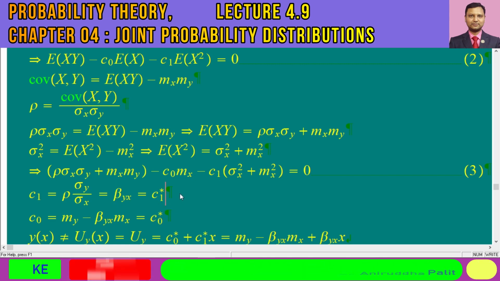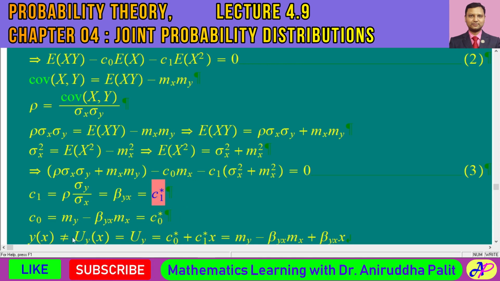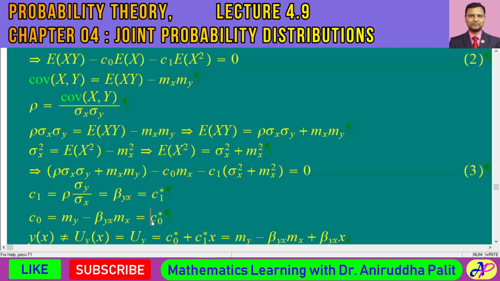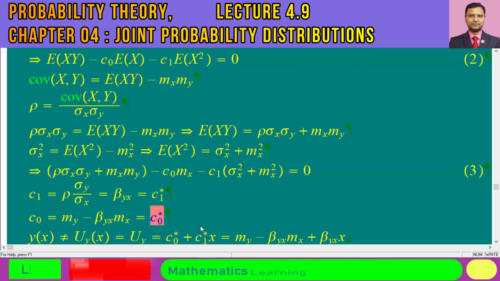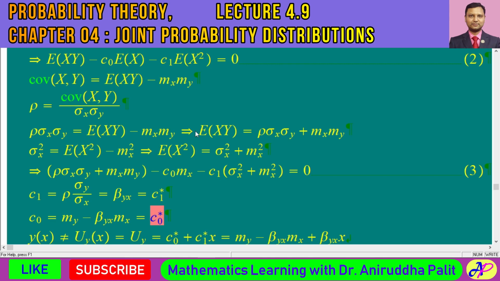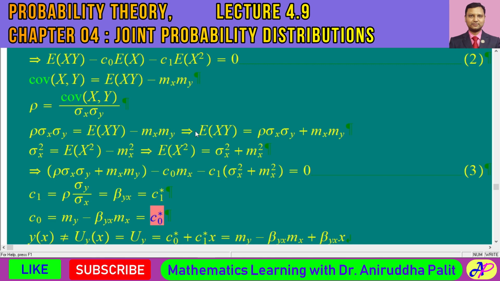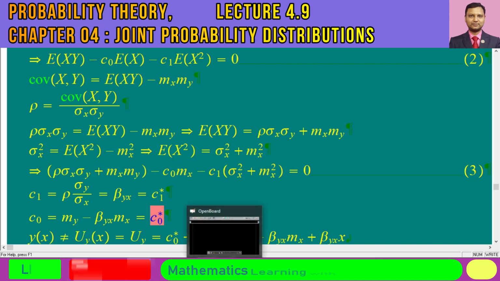Let us suppose that this is equal to C1 star, and the value of C0 that we get, let us call it C0 star. So we get the values of C0 and C1 by the method of least squares.